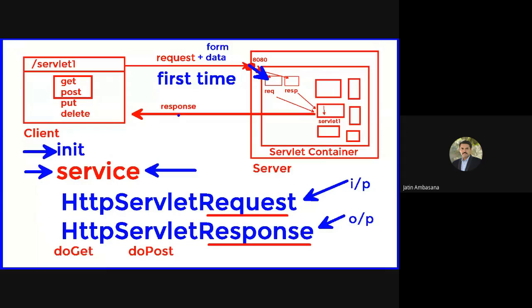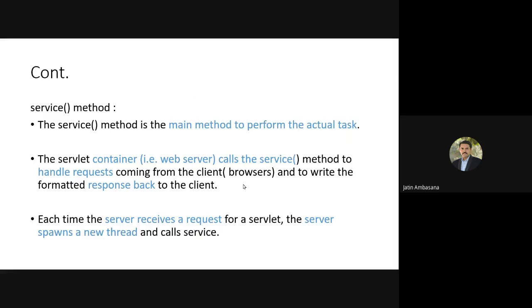For subsequent requests, the init method will not get invoked. The service method will get invoked every time, and it will forward the request to either doGet or doPost. So that is how the init, service, and destroy methods run.